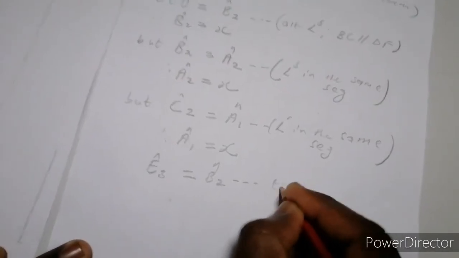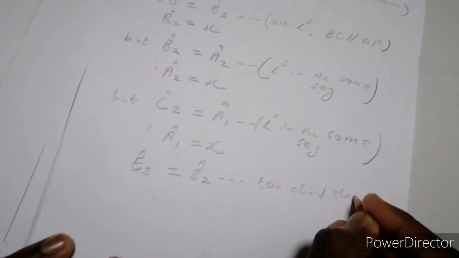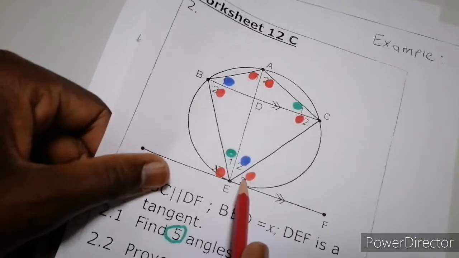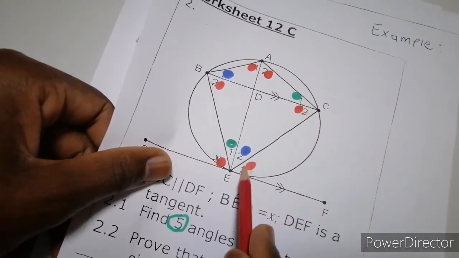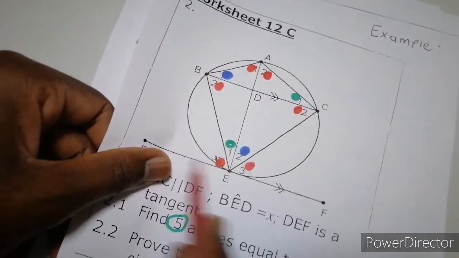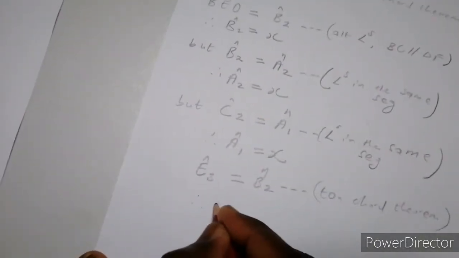Tan-Cot theorem. Or you can go by direct reason. E3 is equal to C2. Alternating angles, parallel lines.